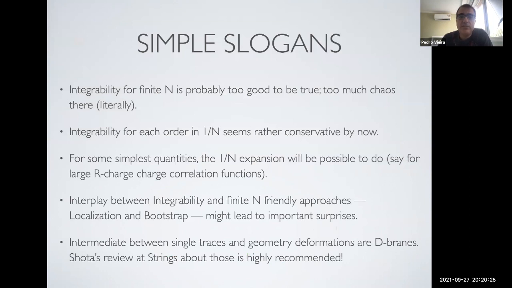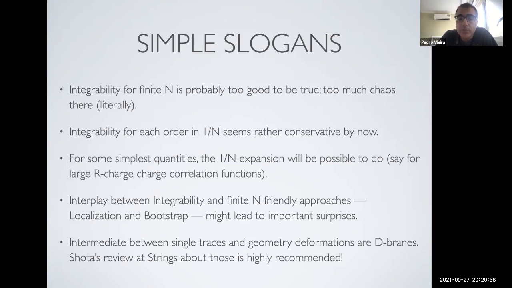Okay, so a few slogans that I would say is that integrability for finite n is probably too good to be true. I mean, after all, we know at finite n we have gravity, fluid dynamics, chaos, and so on, literally, right? So there will probably not be integrability in the general sense for finite n, I would say. On the other hand, integrability for each order in the 1/n expansion, which in the early days of integrability was thought as not being there, I would say now I hope everyone believes it's there, and it's now a rather conservative statement.